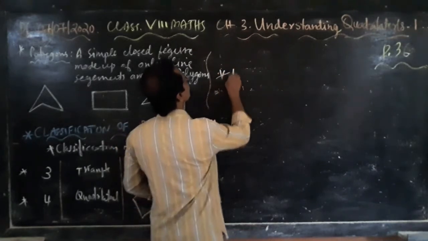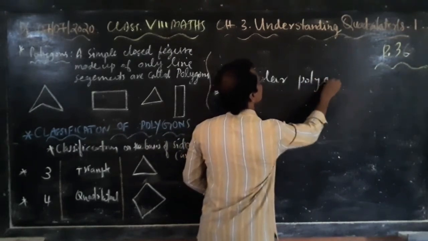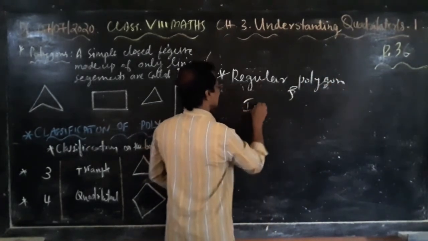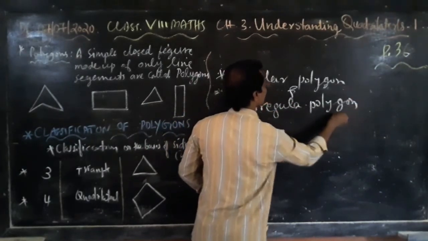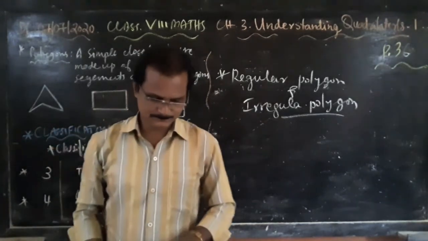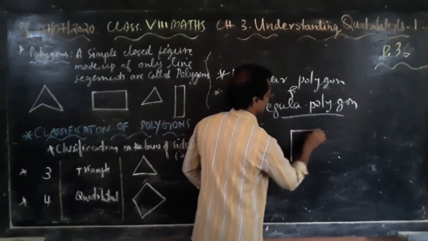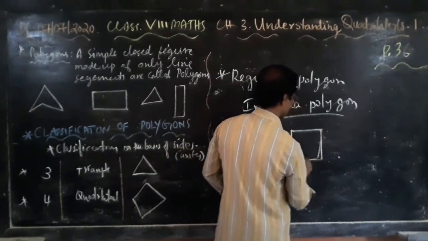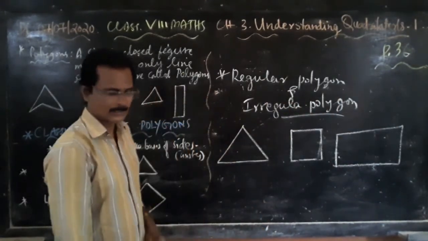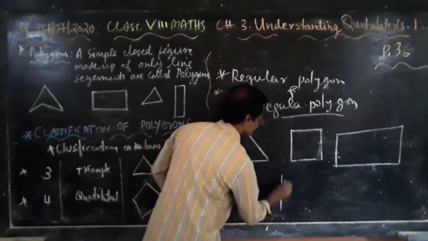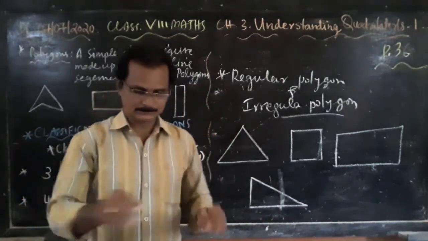Please write down regular polygon and irregular polygon. Now look at here.